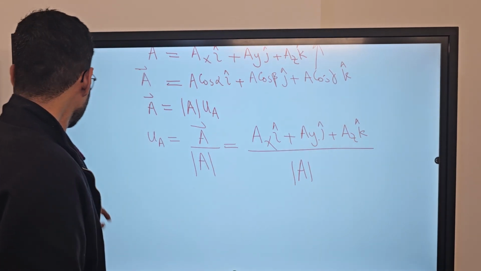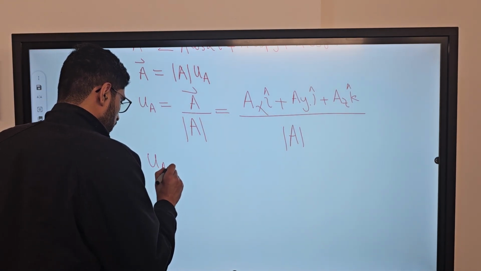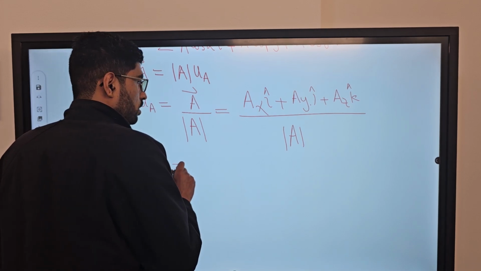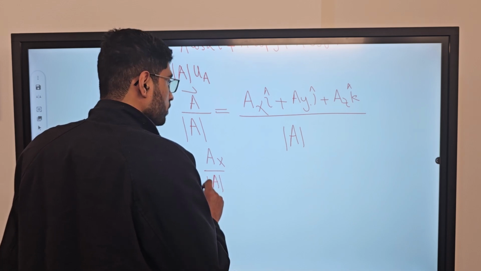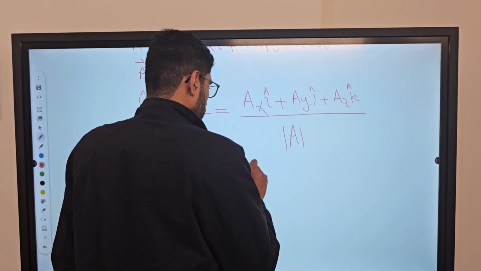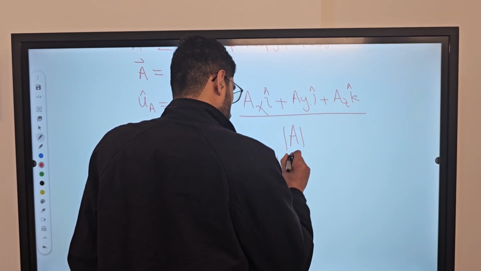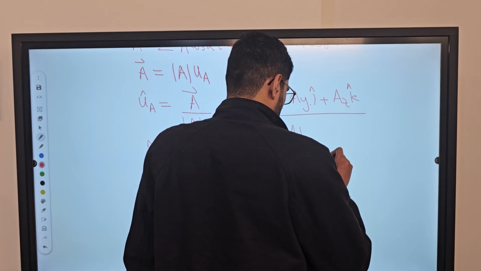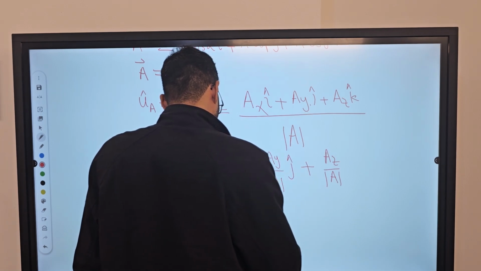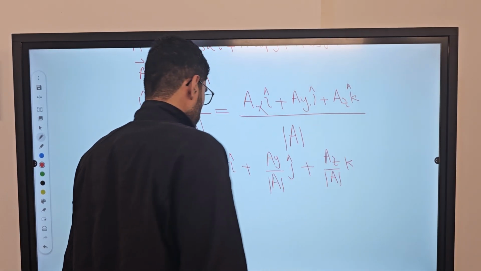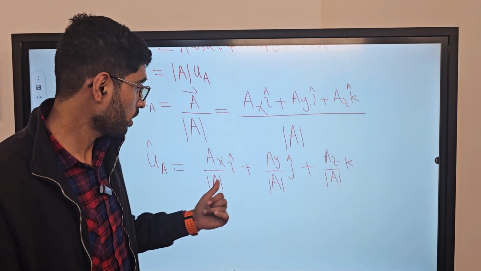In other words, the unit vector a will be equal to ax divided by a times i, plus ay divided by a times j, plus az divided by a times k. So this is the unit vector in terms of ax, ay and az and the magnitude of vector a.